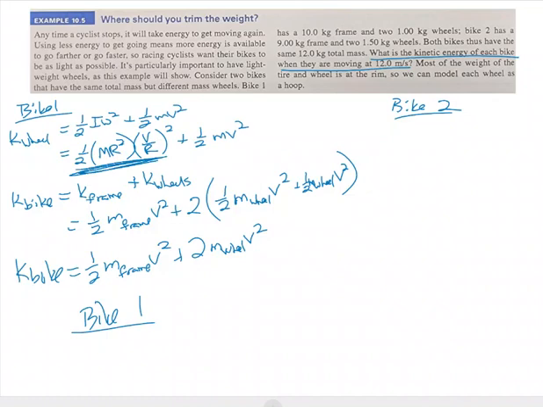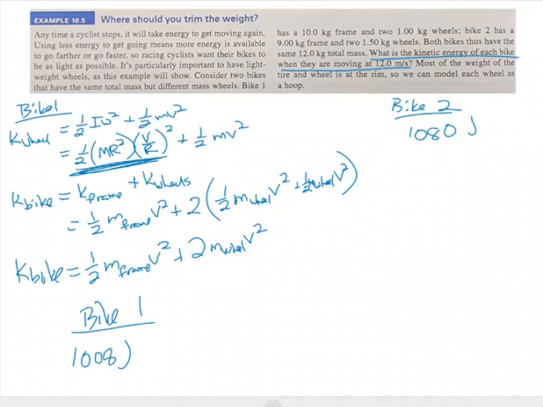So what did you get for bike 1? 1008. And what's the unit? Joules. And what did you get for bike 2? 1080 joules. Okay. So then, which one's better? Bike 1.